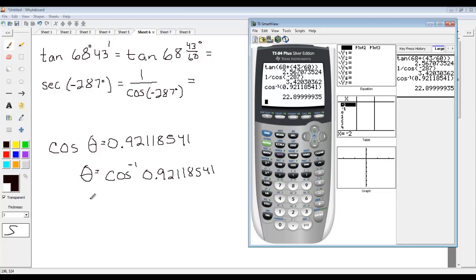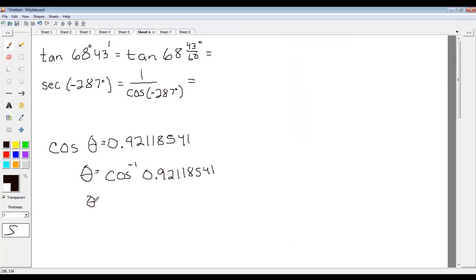So apparently theta is 22.8999, lots of nines, degrees. So you can work backwards and figure out what your theta is. So that's what that's used for.